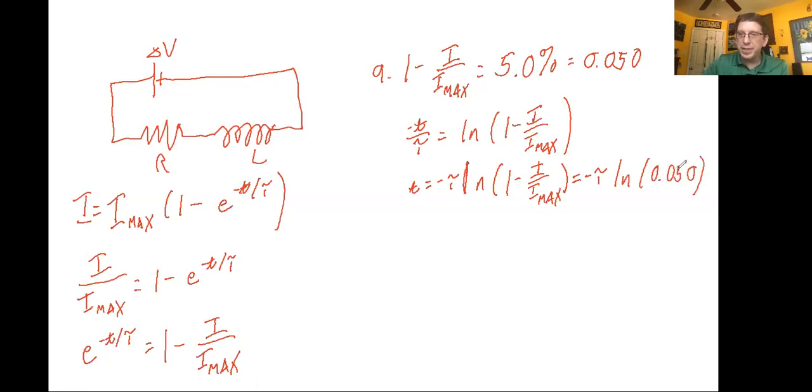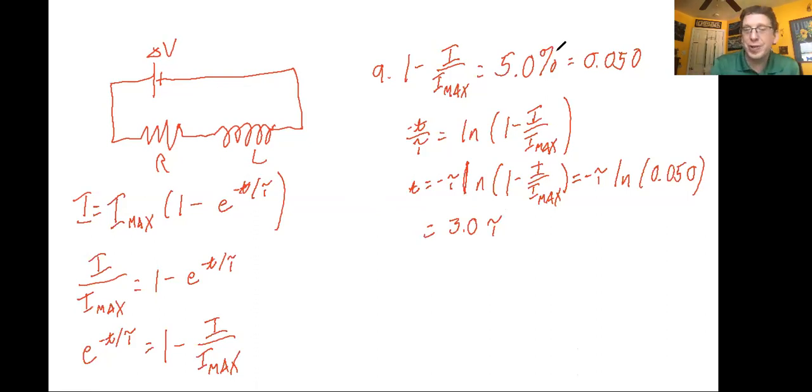Now, the natural log of any number between 0 and 1 is going to be negative, so the negatives are going to cancel out. So you're going to get a positive number times tau, and that will tell you how many time constants it takes to get within 5% of the maximum value. And so to 2 significant figures, that is 3.0 times tau. So it takes 3 time constants to get within 5% of the maximum value.